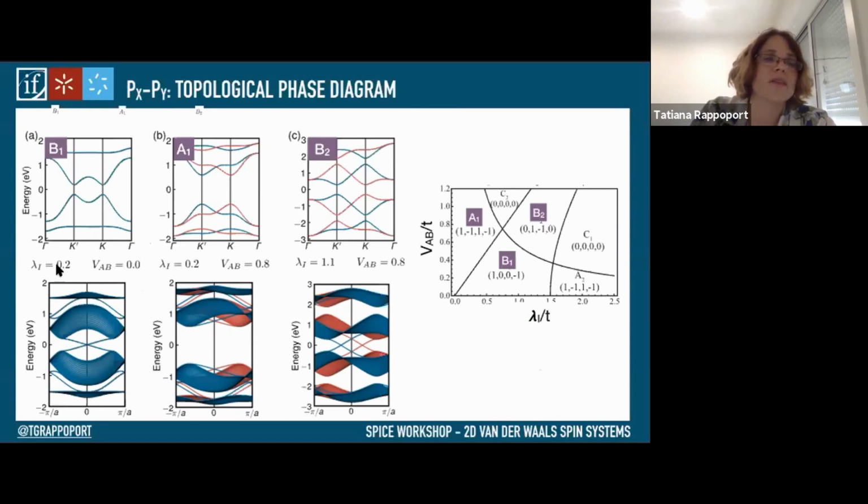So we discussed these two limits in the previous slide, one for VAB much smaller than lambda, the opposite limit, but when we have the two contributions, it's possible to have a third phase. Well, the central plateau is not destroyed, and we have edge states crossing the main gap, but the lateral plateaus are destroyed, and this is the phase that I will also discuss. I will discuss these three phases here.